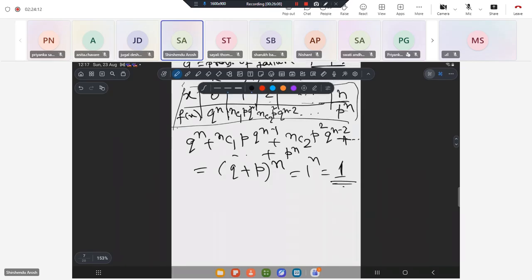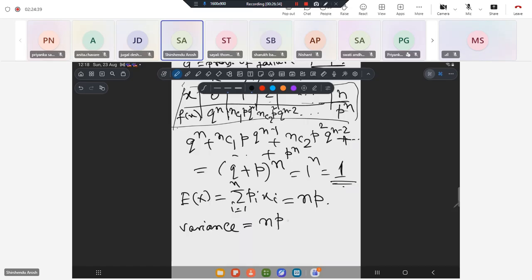The traditional way to find the mean, E of x, would be the summation of pi into xi. A lot of calculations are there, and I'm not going to do that particular calculation. If you do all the calculations, you'll find the mean is given by n into p, right? And the variance is given by n p q.